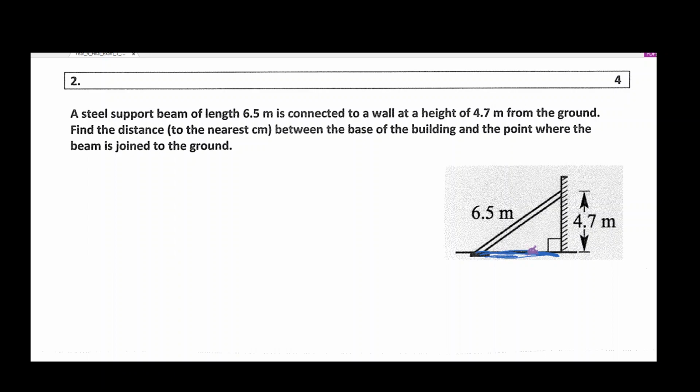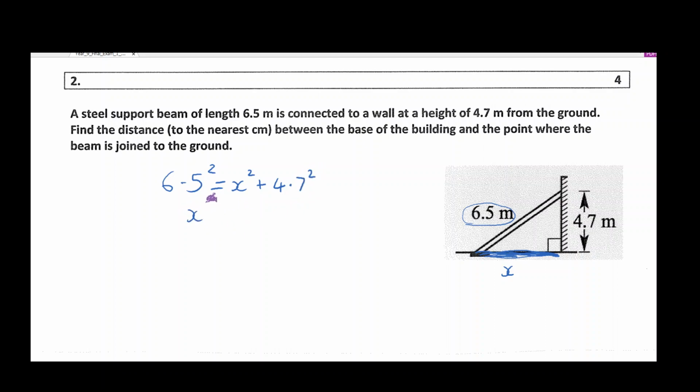And to do that, we need to understand that this 6.5 is the long side of the triangle. So 6.5 squared is going to equal what our unknown is, x, so x squared plus 4.7 squared.